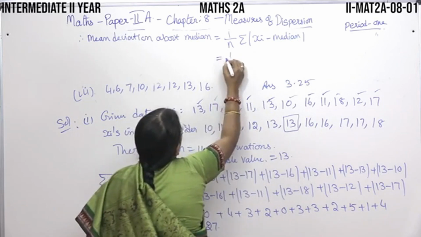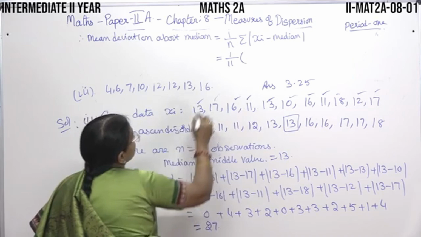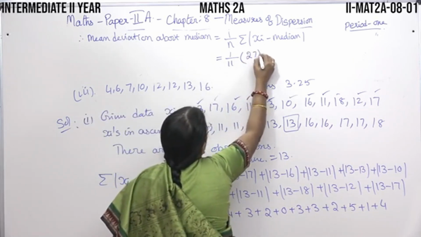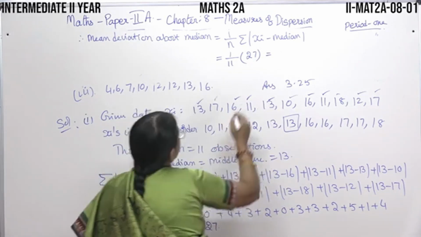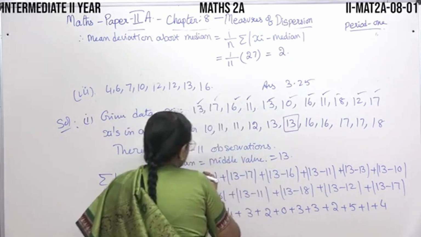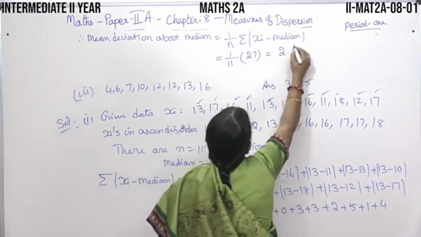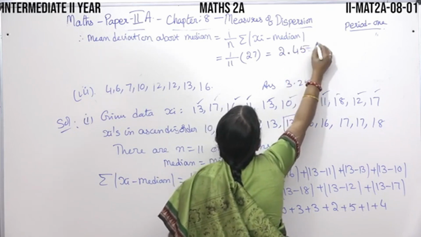So how much is it? 1 by 11 into the sum of all this, which is 27. So it is 2.45. You can calculate, simplify. This is the answer.